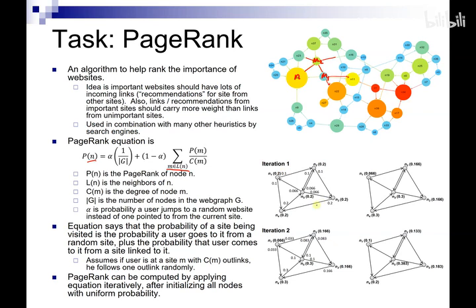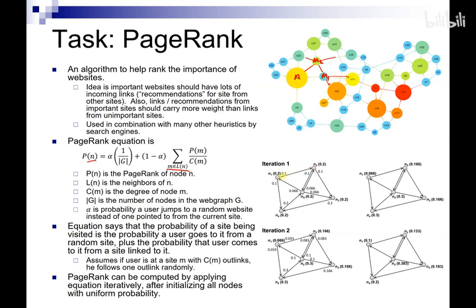To show you how this is being done, suppose that in the initial iteration, we have 5 nodes over here, and initially the user's at one of these nodes randomly, so he's at each node with 0.2 probability. Now for each of these nodes, we're going to look at the probability that I go to one of the neighbors of this node.